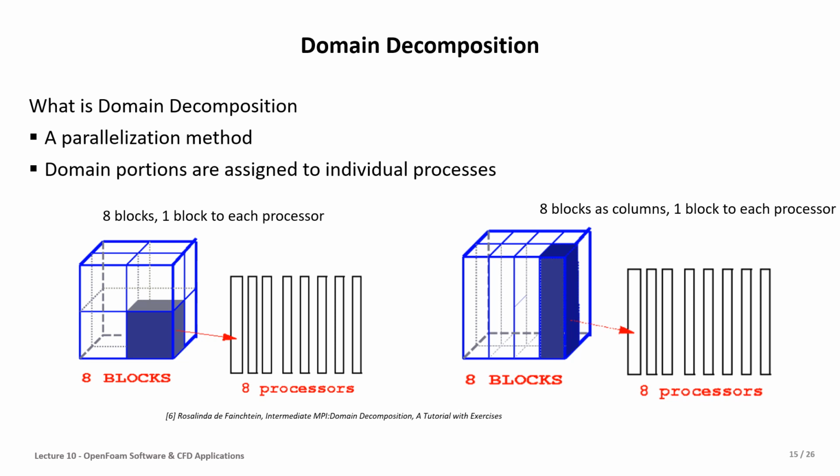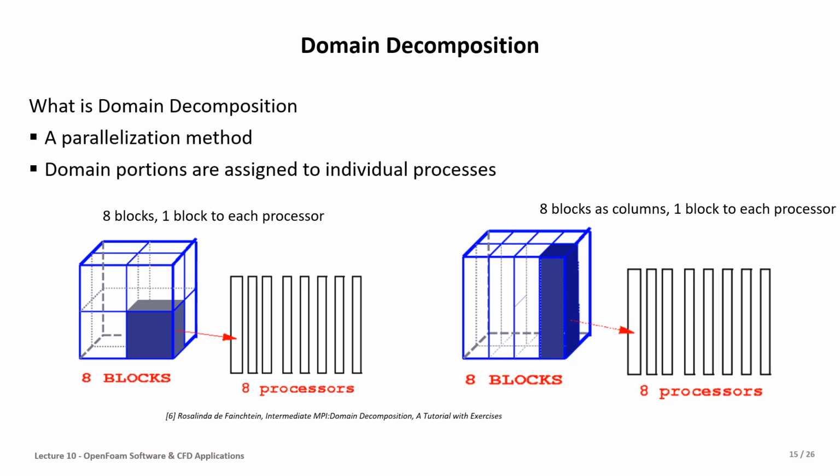It's also the form of the subdomain. It depends on the shape of the problem domain and also the geometry. For example, on the right hand side, again this domain is divided into 8 blocks, where each block is a column, and again each column is assigned to one processor.